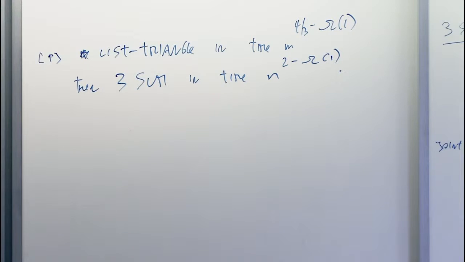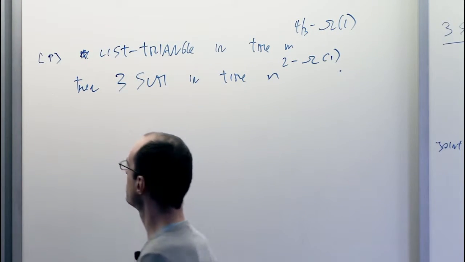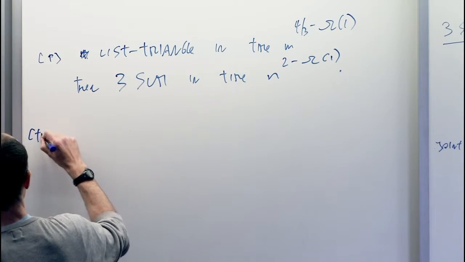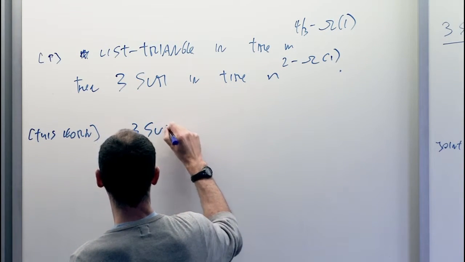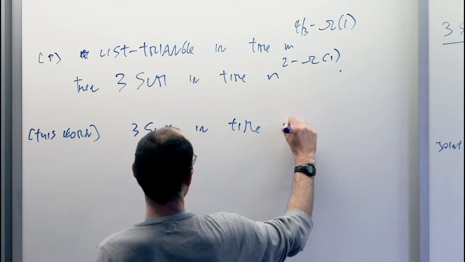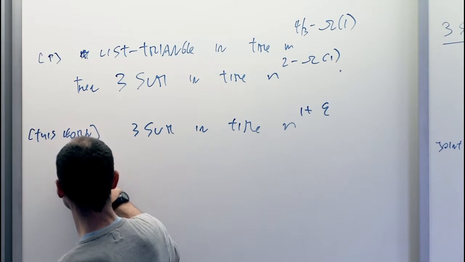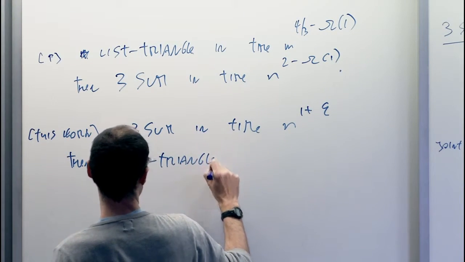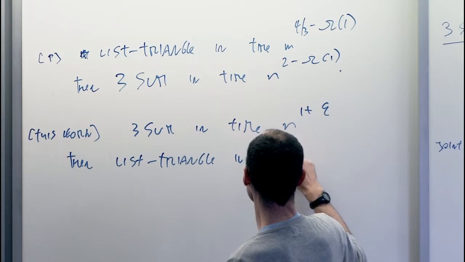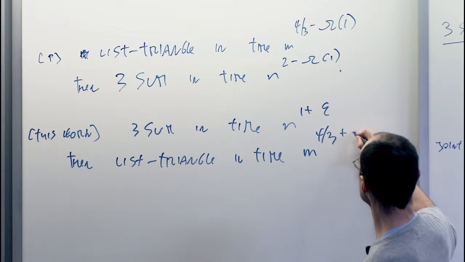So in this work, we were interested if you could give a reduction in the opposite direction. And that's what we obtained. So in this work, we show that if three-sum is in time n to the 1 plus epsilon, then you can list triangles in time m to the 4/3 minus order of epsilon.